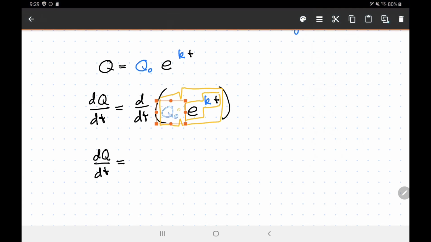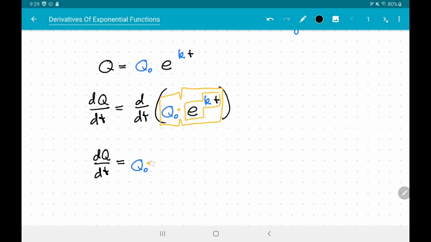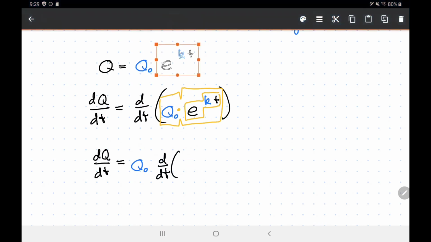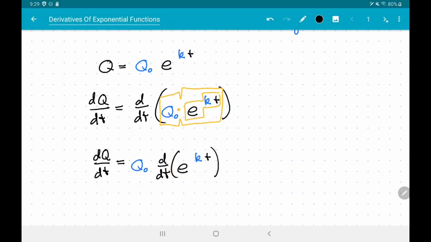So that's the constant multiple rule: the constant times the derivative of the rest.